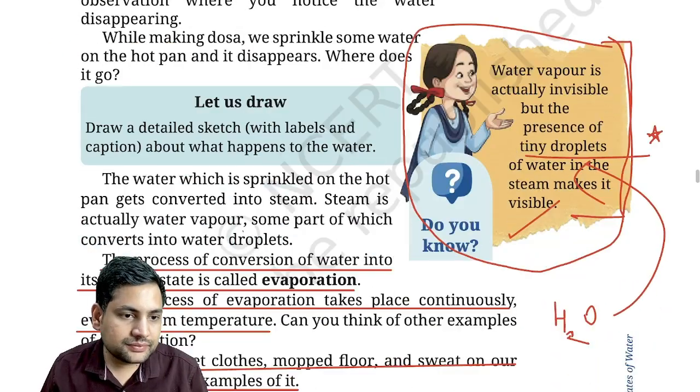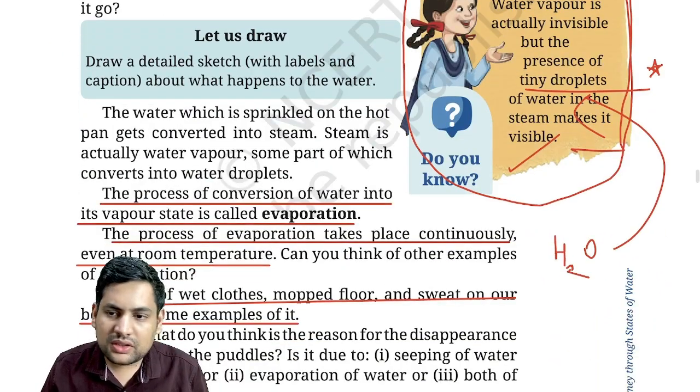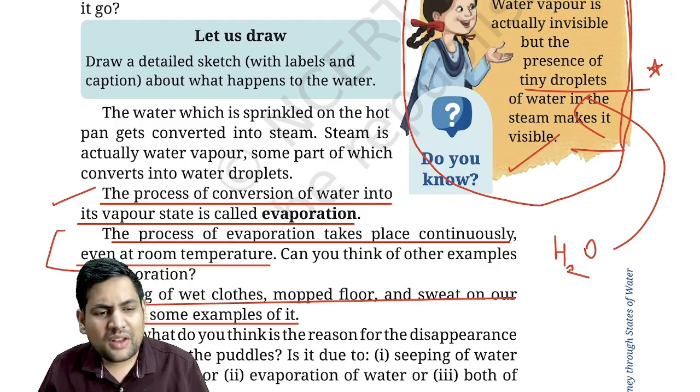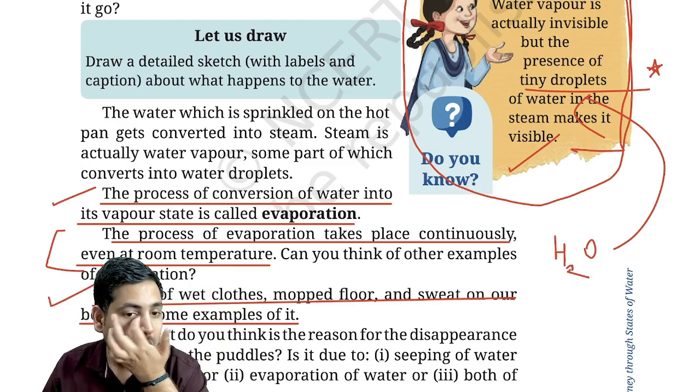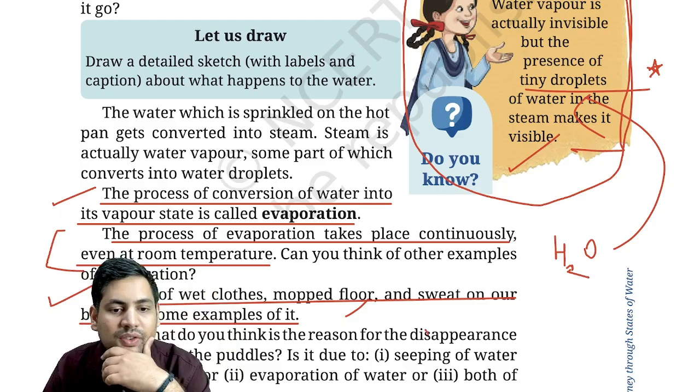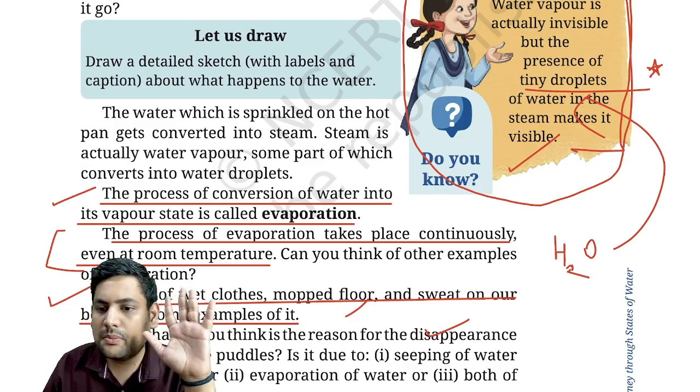Then it talks about the process of conversion of water into vapor state, which is called evaporation. So it defines evaporation. Evaporation can take place even at room temperature, not a problem. You have seen evaporation all around, correct? Drying of wet clothes, mopped floors, sweat on our body, all these are forms of evaporation.